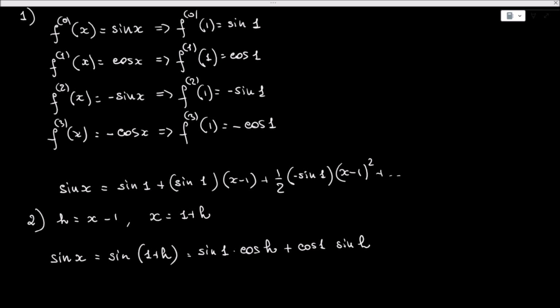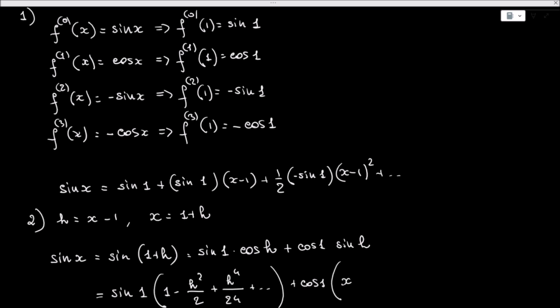And we can now expand cosine of h and sine of h, right? So this becomes sine of 1 times, well, the cosine of h is expanded into 1 minus h squared divided by 2 plus h to the 4 divided by 24, and so on and so forth, plus cosine of 1 that multiplies h minus h cubed divided by 6 plus h to the 5th divided by 120, and so on and so forth.